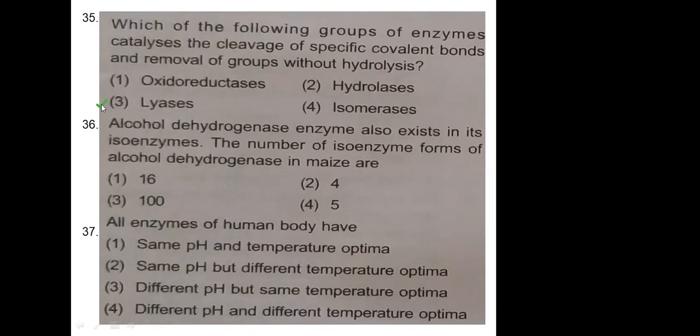All enzymes of the human body have: same pH, same optimum temperature; same pH, different optimum temperature; different pH, same temperature; different pH, different optima. All enzymes of the human body have different pH, different temperature.